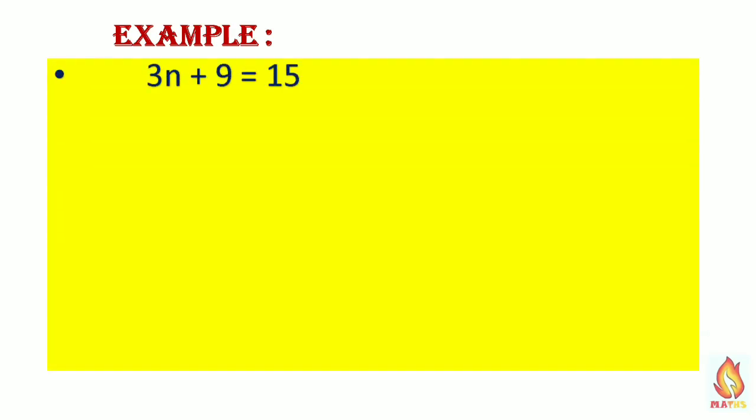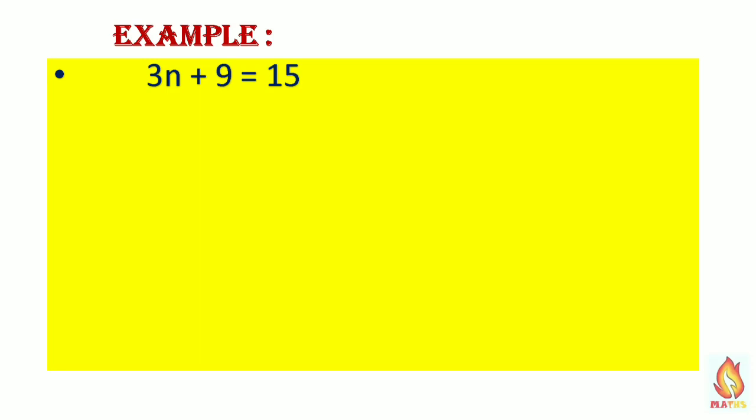Let us take one example of the balancing method. How do we solve this? Suppose 3n + 9 = 15. In the balancing method, what do we have to do to get the solution? The solution here means the value of n.